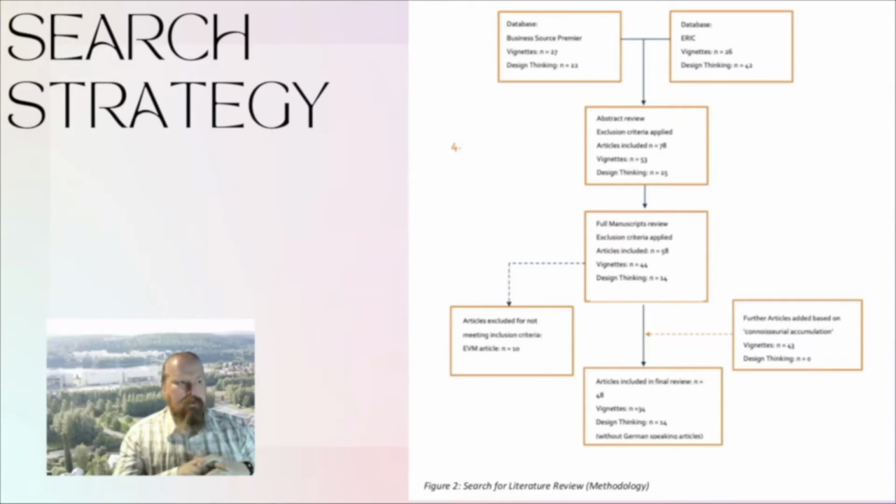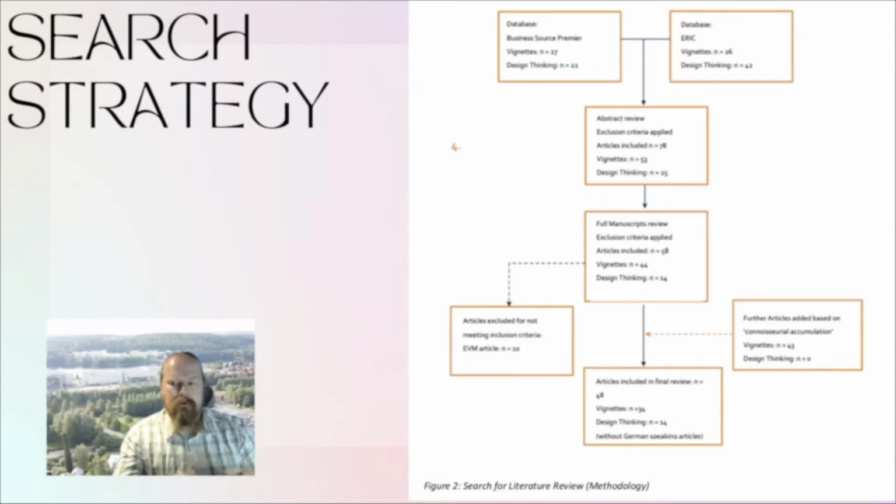So we have been first selecting the databases that we are using and making the searches, agreed the search terms, used those to get the first views on how many articles we are finding, doing exclusion criteria and reviewing abstracts.